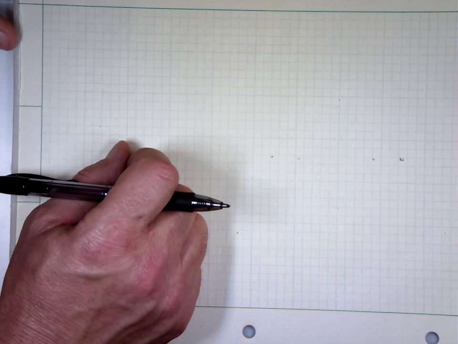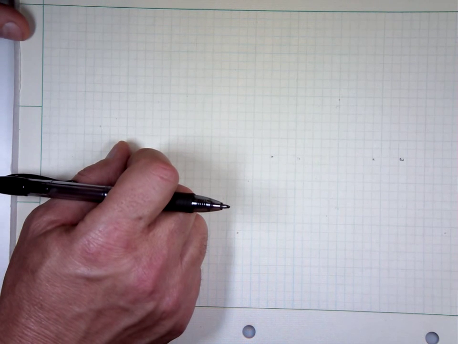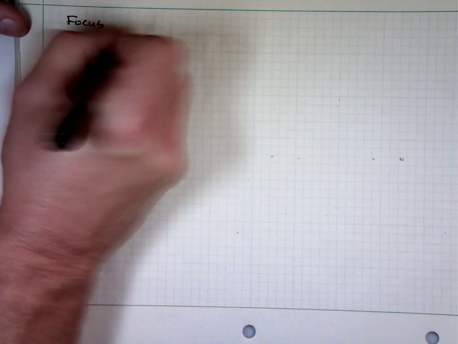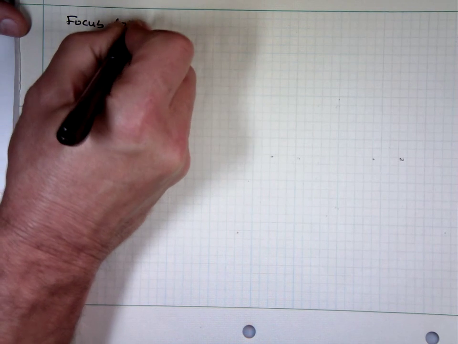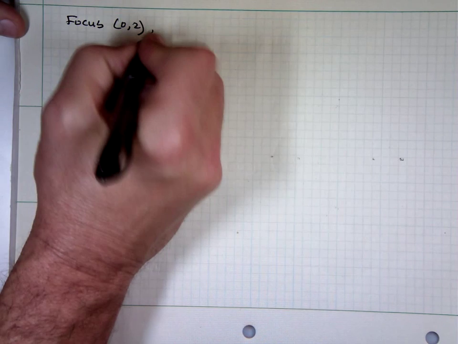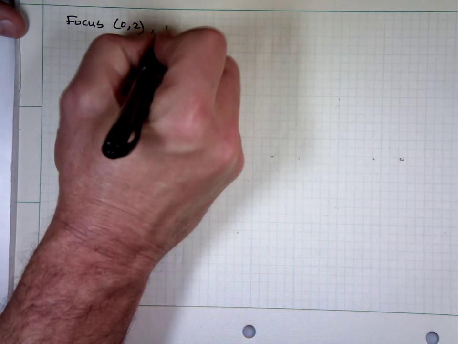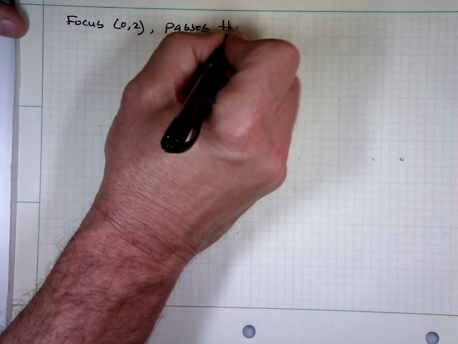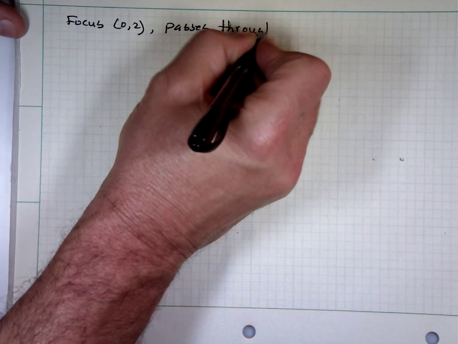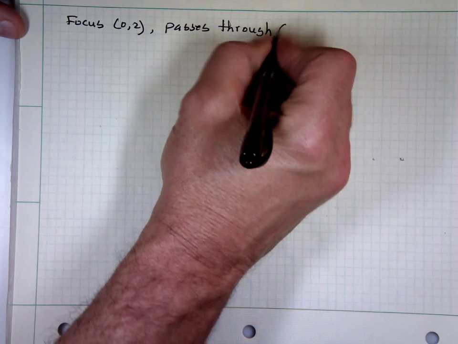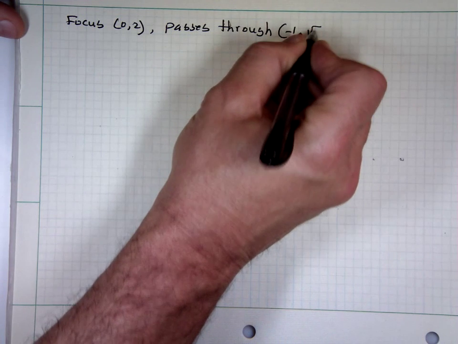The focus is 0, 2. It passes through... what? Negative 1 and the square root of 3. That looks like a fun one.